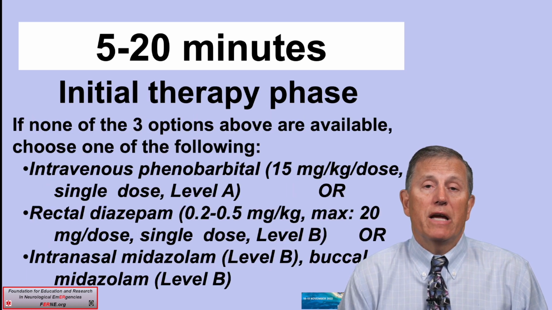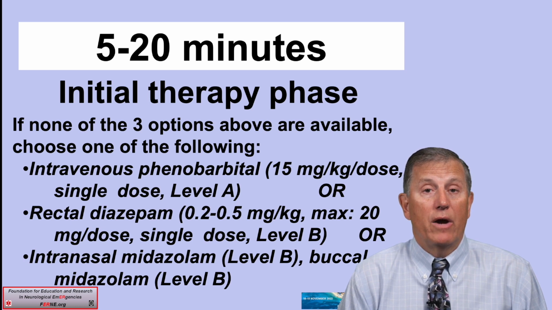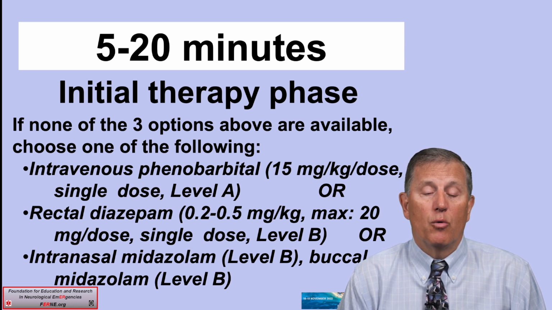If none of these 3 options are available, IM midazolam or IV lorazepam or IV diazepam, there are other options that are available during this initial therapy phase, understanding that the benzodiazepine is always preferred.